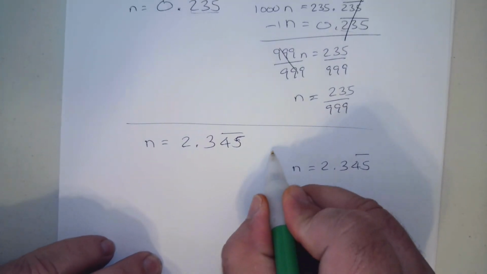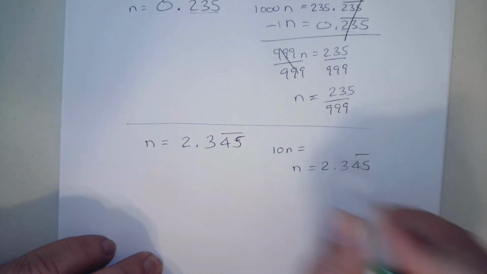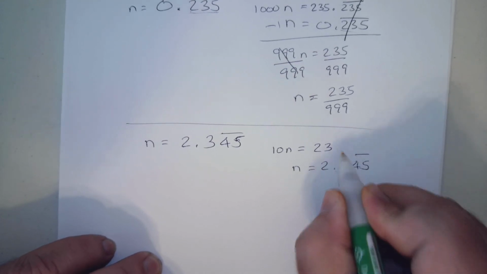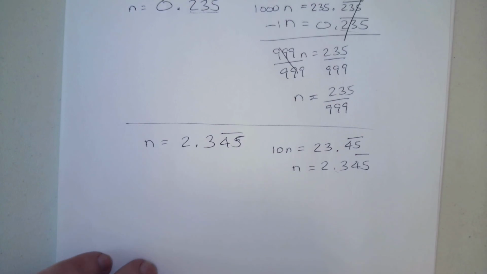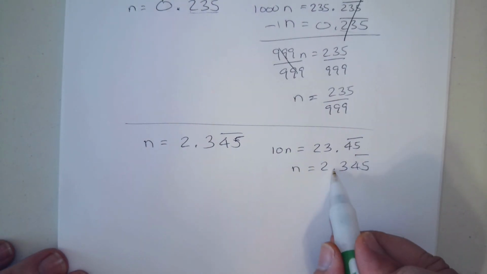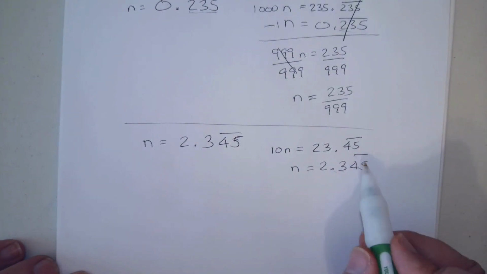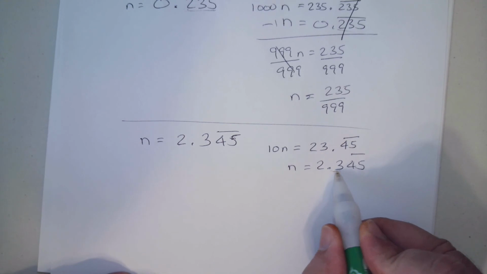If I multiply by 10, then I have 23.45. When I multiply by 10, I just move the decimal place over. But the problem is I still have that 3 there. I can't just subtract them. So I have to make it so it's a repeating pattern of 0.45s. So I have to go 1, 2, 3.